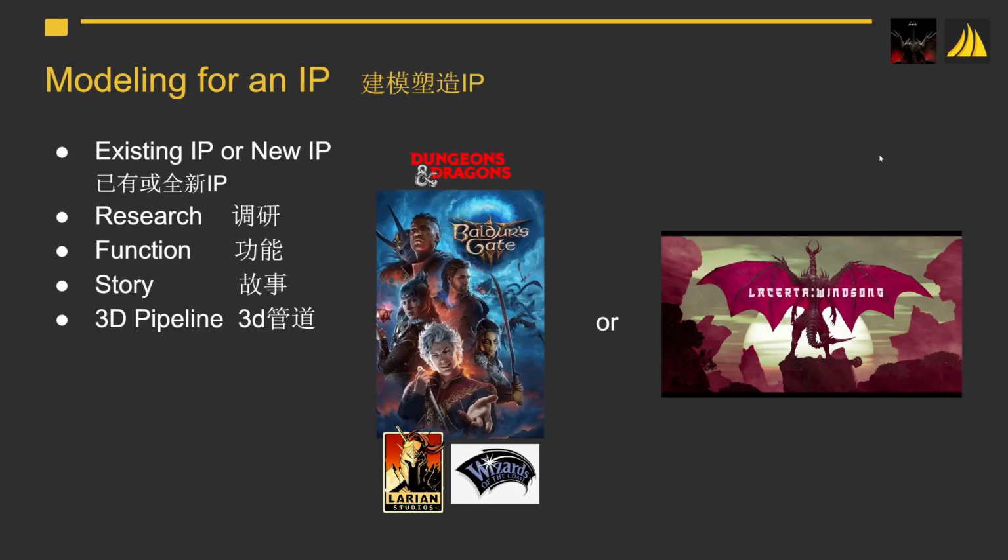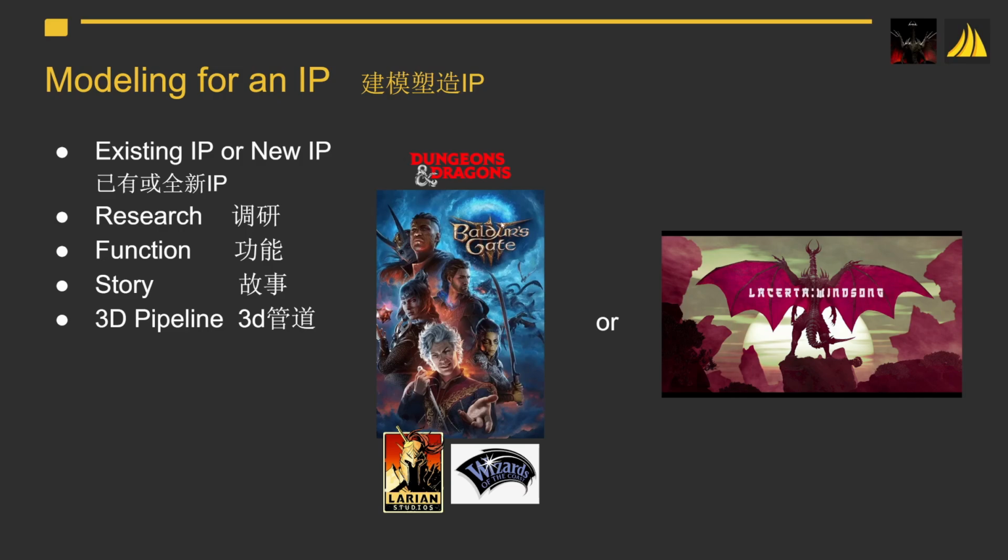Okay, modeling for an IP. So in my experience, there's a few differences between modeling for an existing IP or modeling for a new IP. But in both, you need to do your research, know the function, the story, and you need to set a certain 3D pipeline. In this case, I'm going to contrast Baldur's Gate 3, which is a game made by Larian Studios.